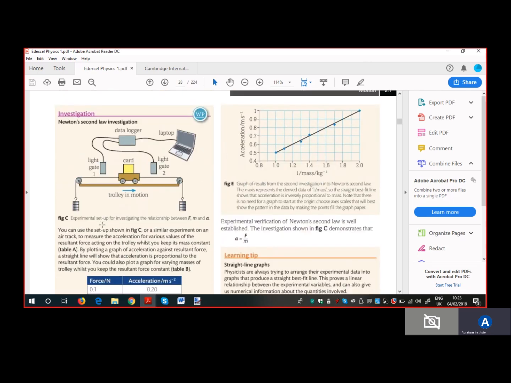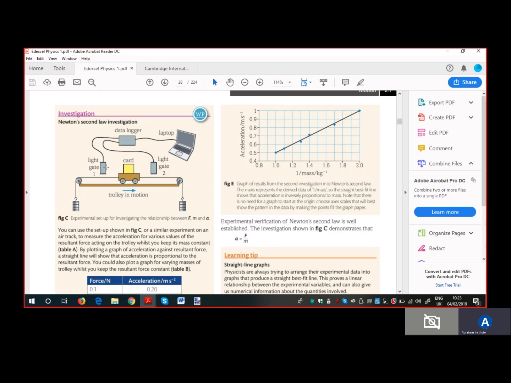But actually what is done here is you have two light gates. Now what happens is initially, let's say the trolley was here, so it is released. In the beginning the trolley is stationary, and then you release it so that it starts moving.